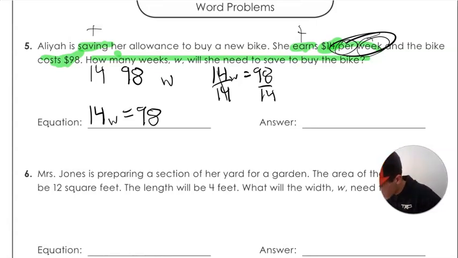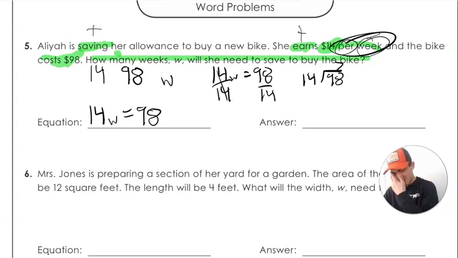So we gotta write that out. 14 divided by 98. 14 goes into 98 7 times. So you write 7 there. So our answer will be 7.